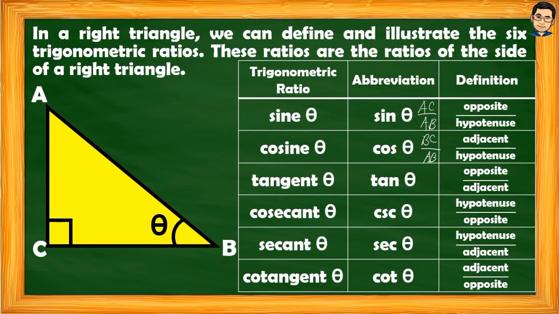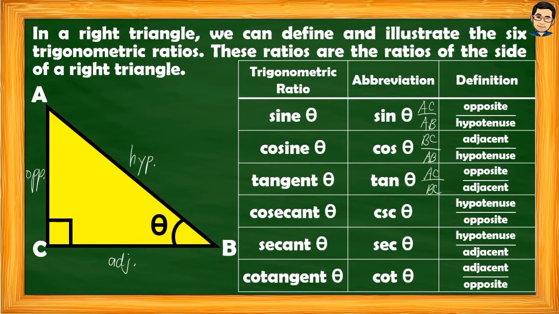Tan theta is equivalent to opposite over adjacent. I-label natin ang opposite, the hypotenuse, and the adjacent. Hindi po yan adjective, it's adjacent. Yung opposite side natin is AC over the adjacent side, which is BC.